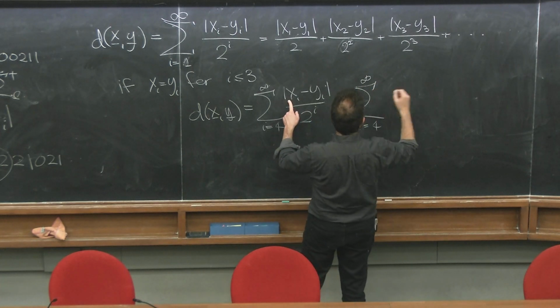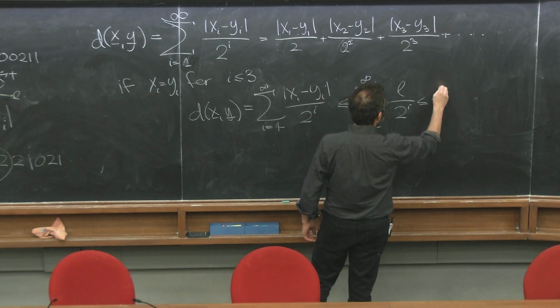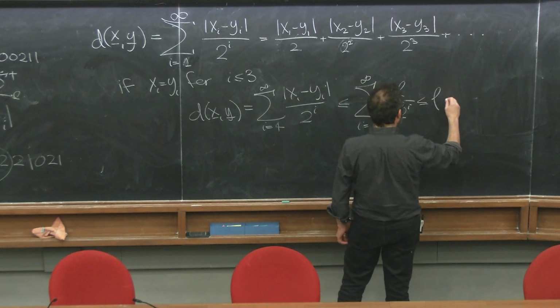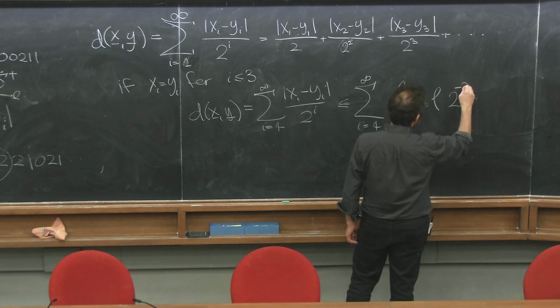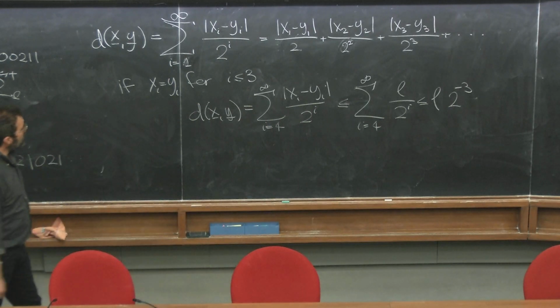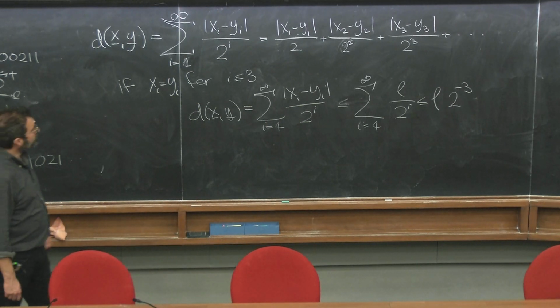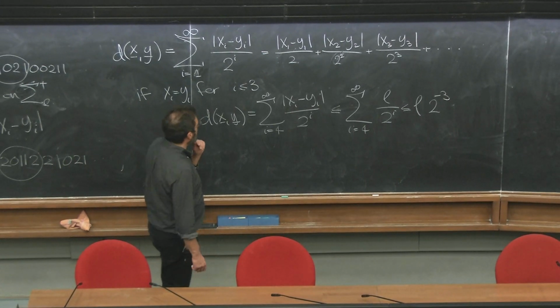The maximum of this is L over 2 to the i. So this is less than L times 2 to the minus 3 maybe, something like that. Okay, so we have this kind of bound here. Okay, so this is actually a metric.